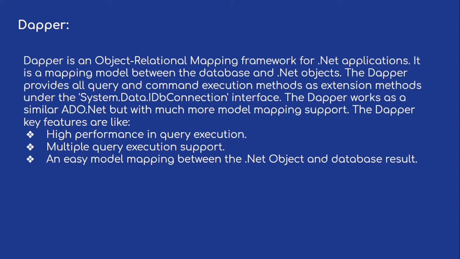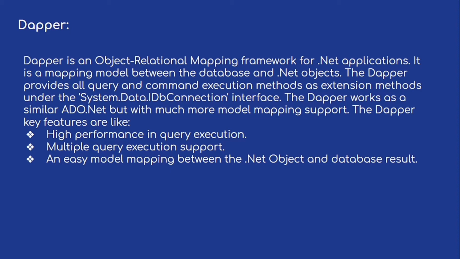So everyone as a .NET developer, we know about ADO.NET, right? So it works just like ADO.NET, but the model mapping with the C# models is very easy, fast and flexible using Dapper, which is not available with ADO.NET. Because in ADO.NET, the result set from the database, we have to explicitly map to the C# classes. Okay, so that overhead can be avoided in Dapper.